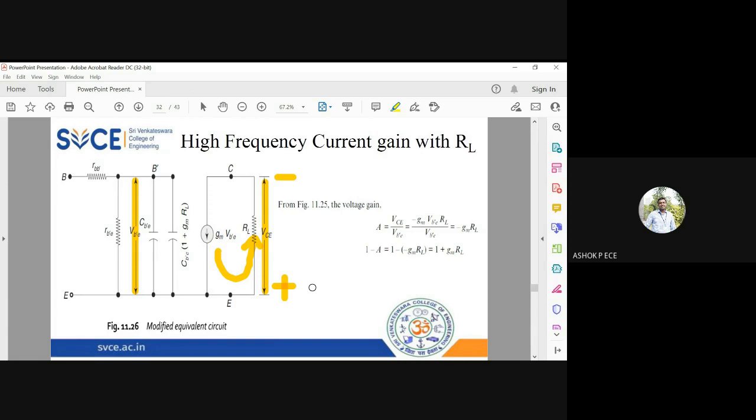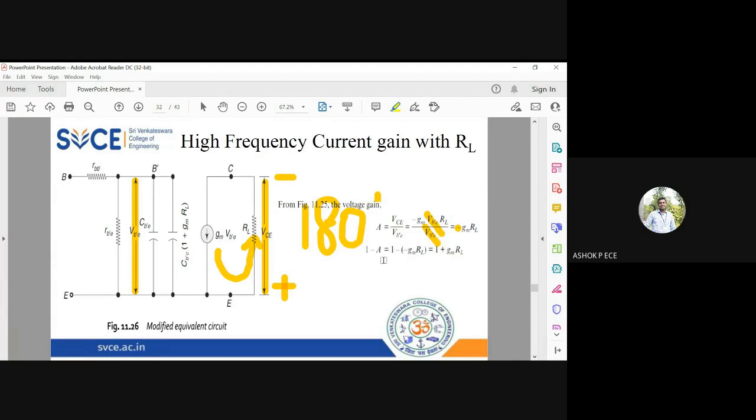So minus gm into VB'E into RL. By Ohm's law, V is equal to IR. The current flowing through is minus gm VB'E, in the opposite direction, into RL. Across the load, I'm going to measure this divided by the input VB'E. So VB'E and VB'E get cancelled, and the gain will be equal to minus gm RL. This minus sign appears because in a common emitter amplifier you have a 180-degree phase shift between input and output.